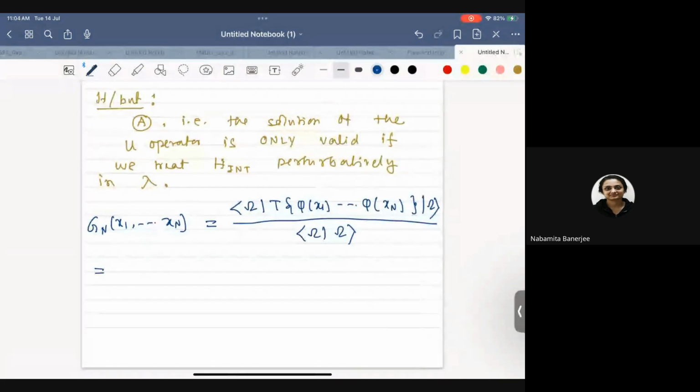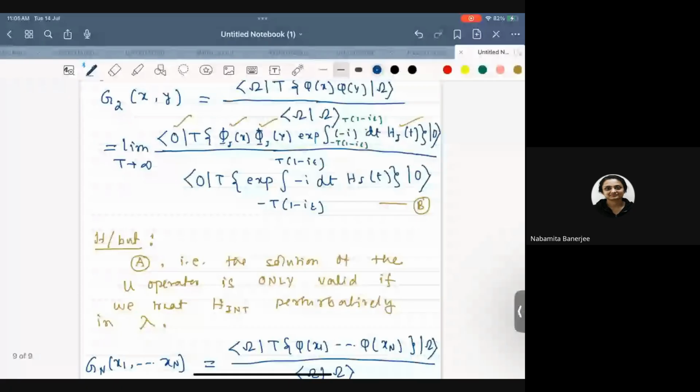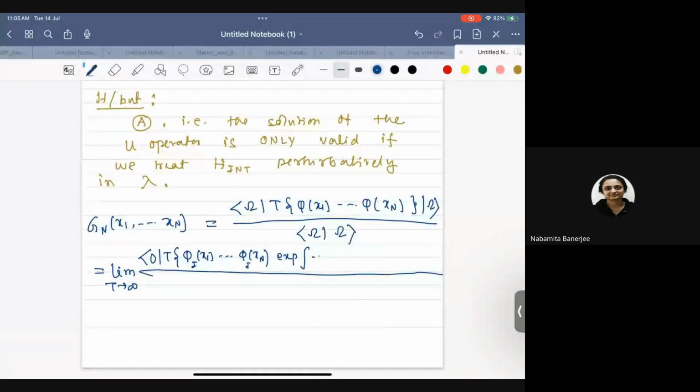And this will now just simply become: 0, time ordered product of all these, phi x1 to phi xn, then exponential of this operator, minus i integral dt H_I, 0.